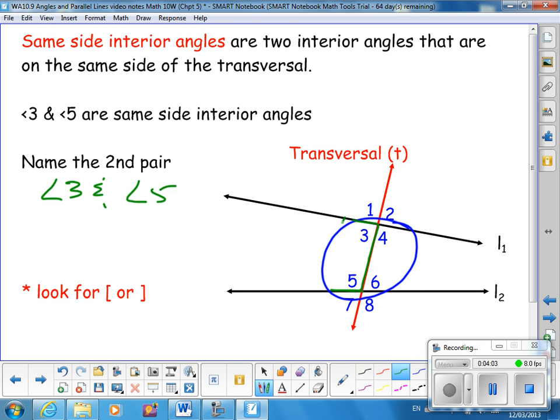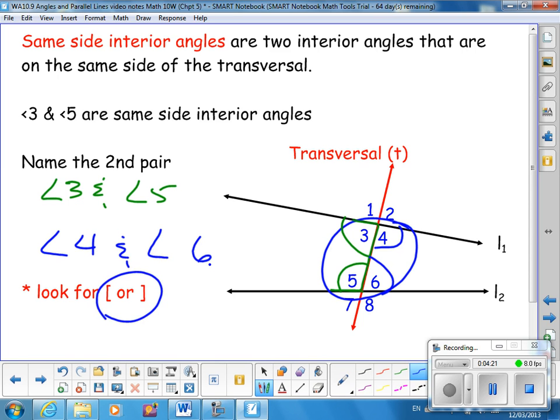So angle 3 and 5 are on the same side, and angle 4 and angle 6 are on the same side. What you're looking for is a C shape. If we look in here, you would have 4 and 6 in that C shape.